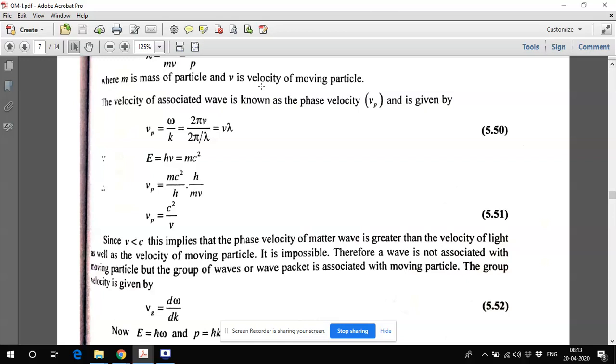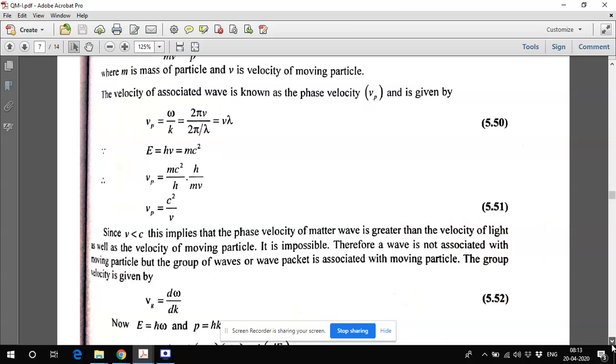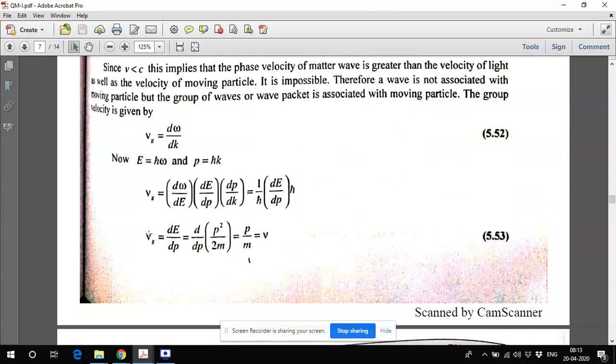So what we got from here is that I want to construct the wave nature of a particle or matter. If I want to know the wave nature of a particle, this phenomenon of Vp will not be validated, because from this formula, the wave is not associated with the particle itself. But definitely Vg, if we are targeting Vg, is the wave which is moving with the same velocity as the particle.